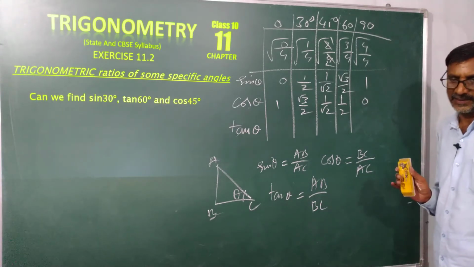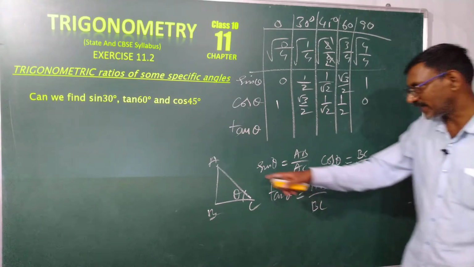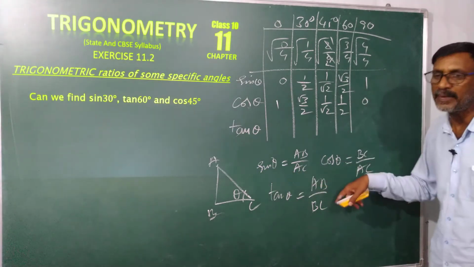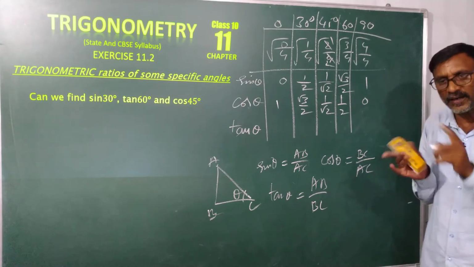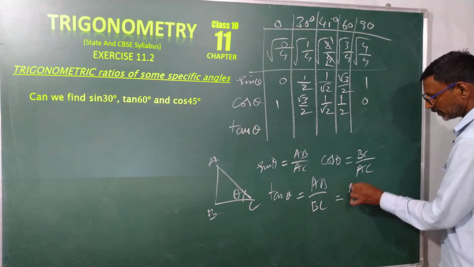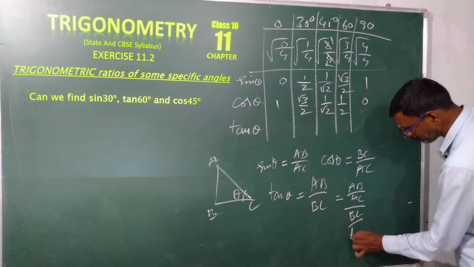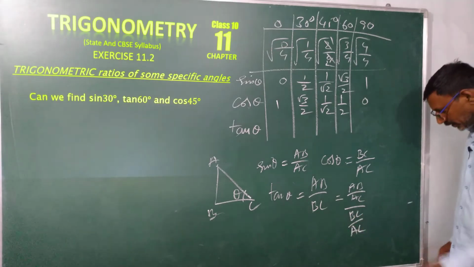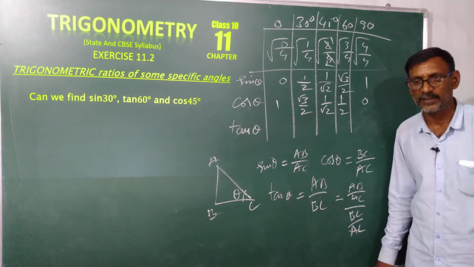I just divide both numerator and denominator by the hypotenuse AC. AB by AC divided by BC by AC. These two get cancelled, and again we get AB by BC only.